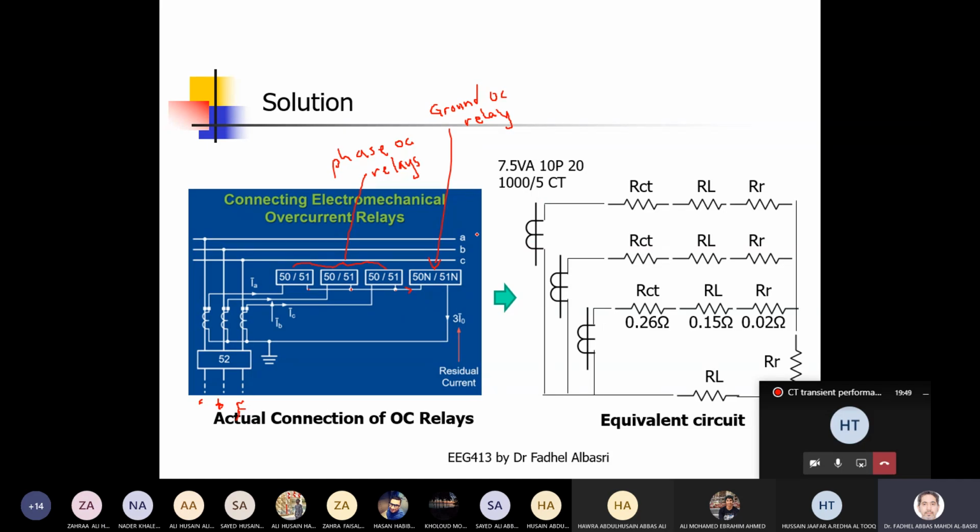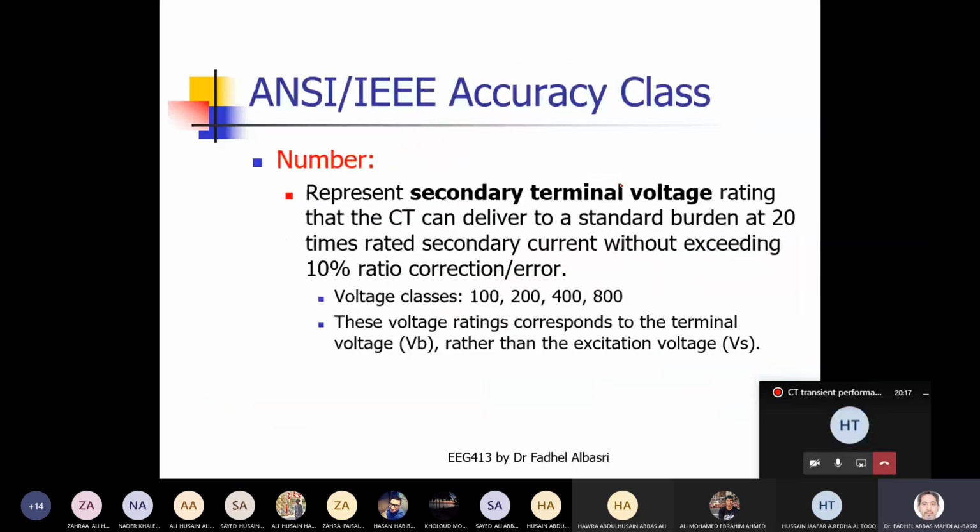So the equivalent circuit, this is the line A, B, and this is C, which represents this 1, 2, 3. And on the secondary side, I will now draw a resistance of the secondary, the CT resistance. This is RCT, which before I called RS in the equivalent circuit.